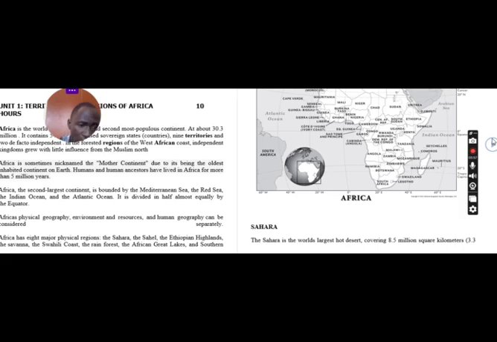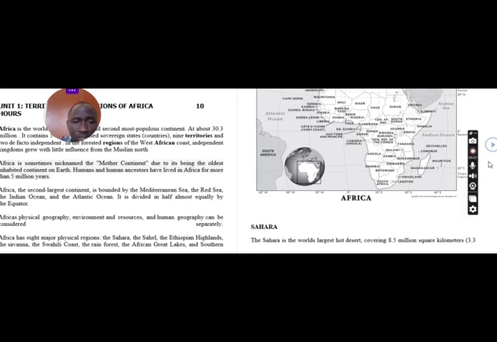They say it has about 30.3 million square kilometers, and around 54 countries, which are sovereign states. They say that it has 9 territories, and also two de facto independent states.